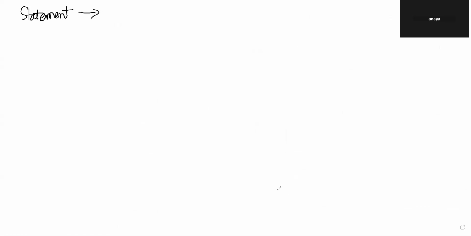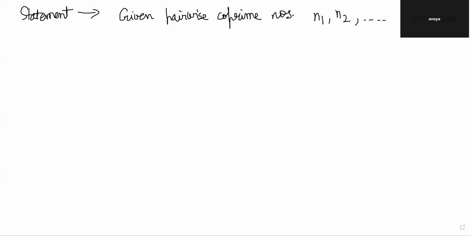So the Chinese remainder theorem says that let's say you have a system of given pairwise coprime numbers n1, n2, and so on till nk, and arbitrary integers a1, a2, till ak.